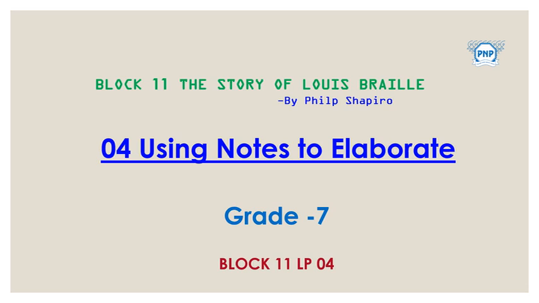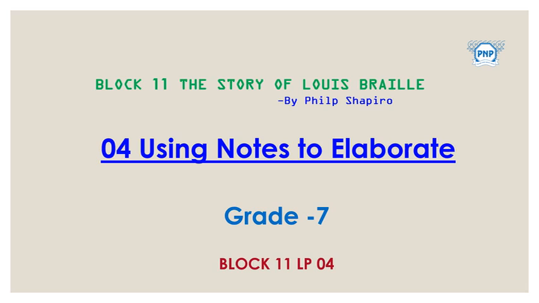After going through this lesson, you will be able to ask questions and scan a biography to elaborate your notes. So give the details out of your notes, but how? As you have already learned, in a biography there are the key events that happen or were done by the person.